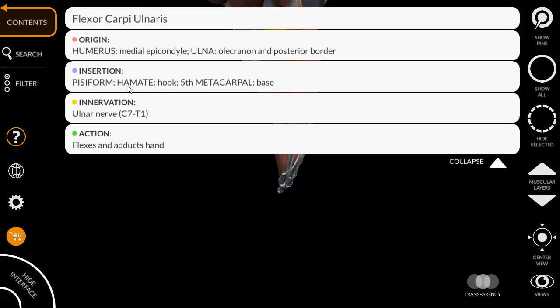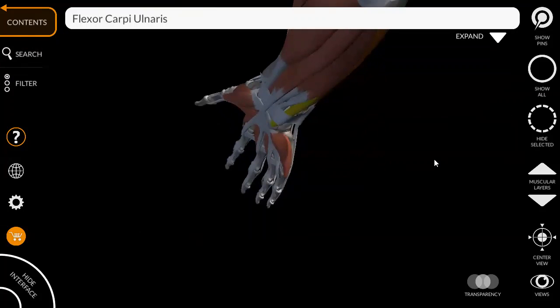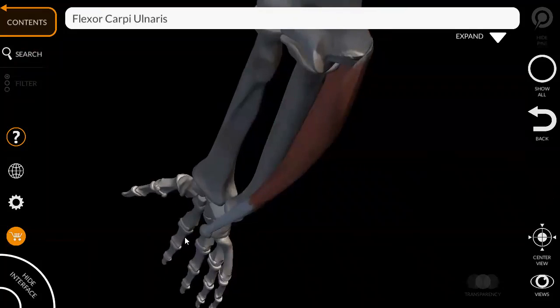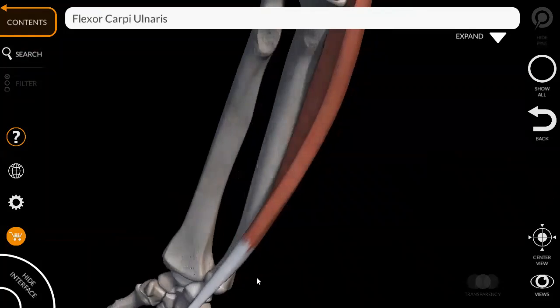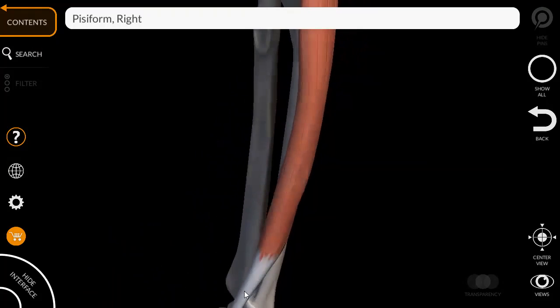Those are the bones in the hand. We'll take a look. Here, you can exactly see where it inserts. Here, yeah, pisiform. That's how you see it.